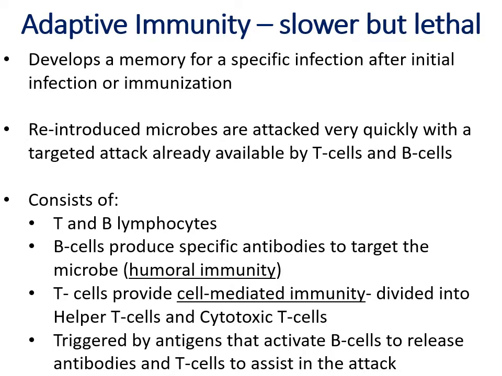So really your adaptive immune system consists of humoral immunity and cell-mediated immunity. And how are they triggered? Well, by antigens, right? Whether those antigens are part of a bacteria or a virus or a contaminated wound with soil, they activate the B cells and the T cells to form a long-term memory.